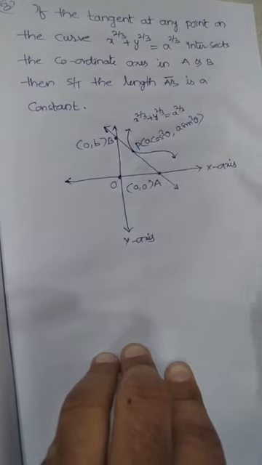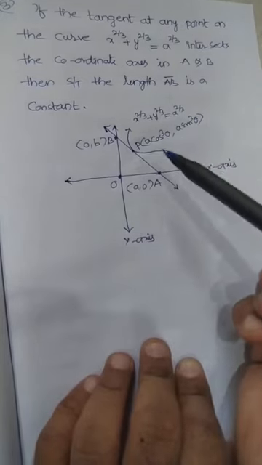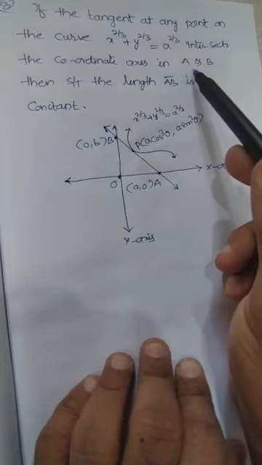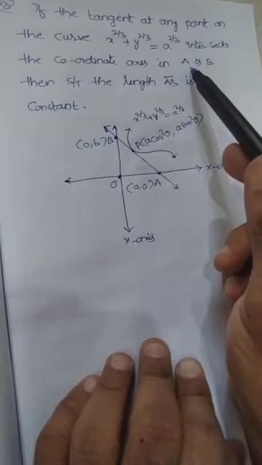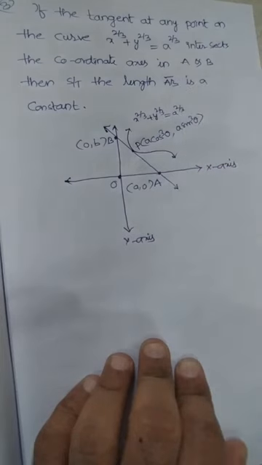That is a different case. Here we have to show that where the tangent line meets the coordinate axes, the length AB must be constant.